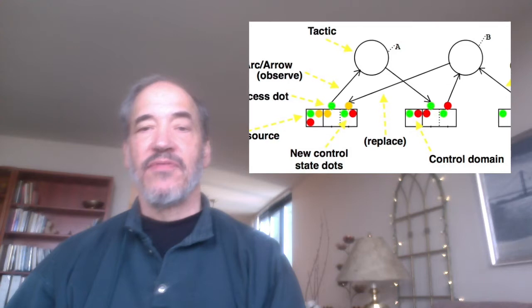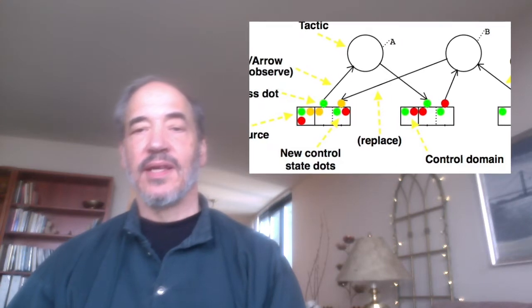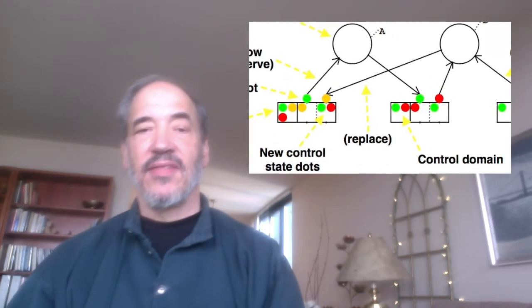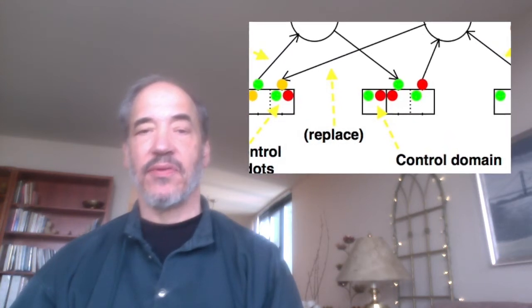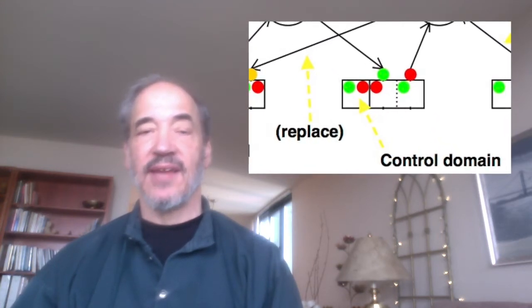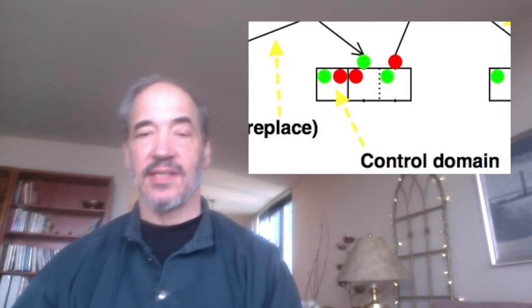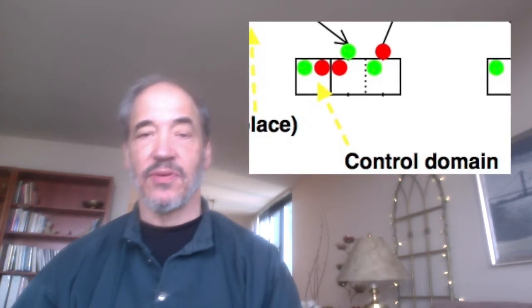The control domain for a resource is often shown in the left side of the rectangle. The control domain is all the control states, that is all the colors that resource might reach over its lifetime, all the different colors of tokens that might get placed onto that resource, one at a time. There will always be at most one token on the resource at any one time.